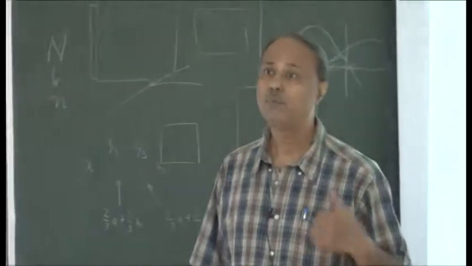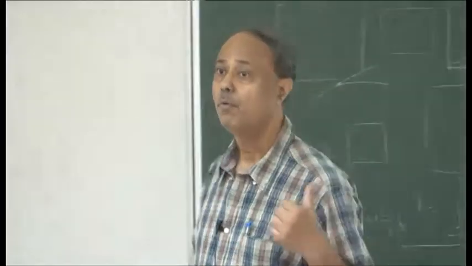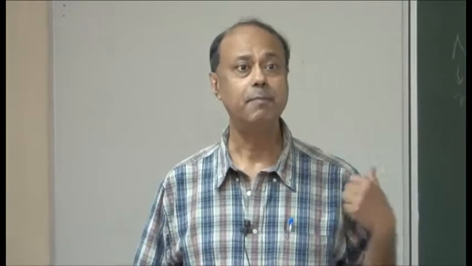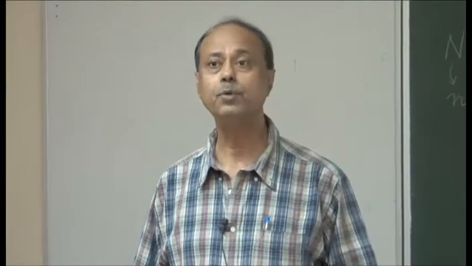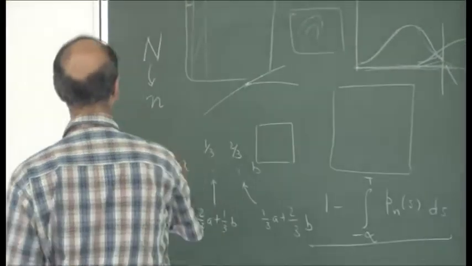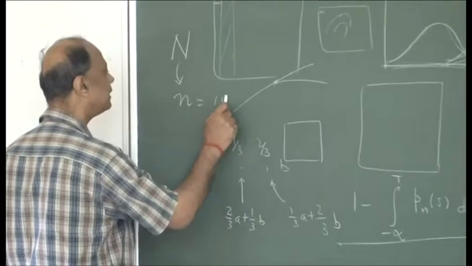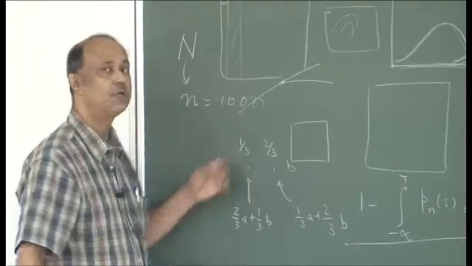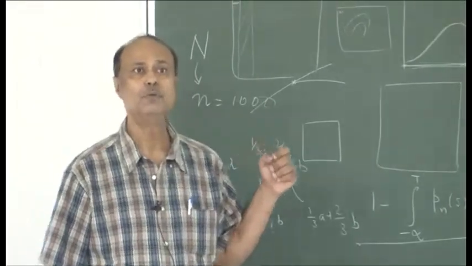Now, since we are using the leave-one-out method while computing the false match rate, leave-one-out means, suppose I have data where small n is 1000. For a genuine match, what do I do?